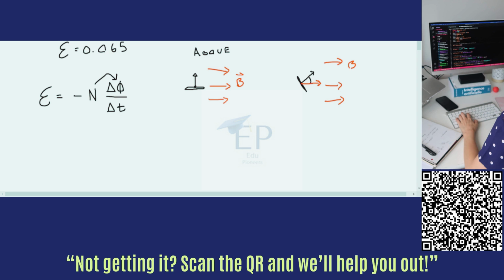Okay, so initially, we can see that since the magnetic field is going to be perpendicular to our surface normal, there should be no flux in the initial setup. So when we expand our change in flux to be the final flux minus the initial flux, we know that the initial flux is going to be 0.